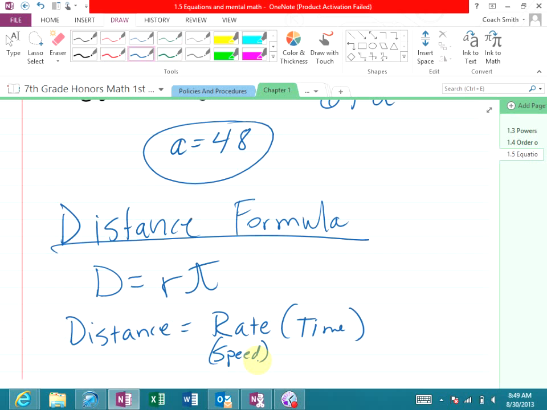So let's say this. Let's say I went 70 miles per hour for 30 minutes. Okay, if I went 70 miles per hour for 30 minutes, how far did I travel? Tristan? 2,100. No. For 30 minutes. Josh? 35. I went 35 miles.